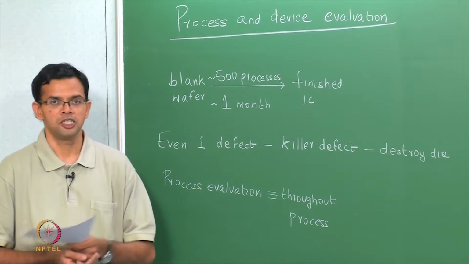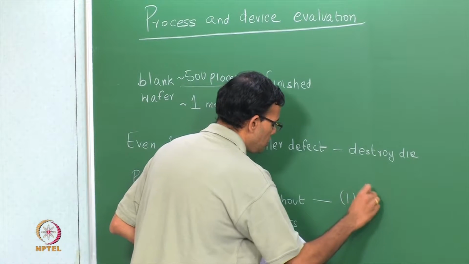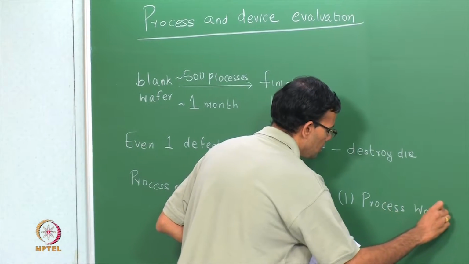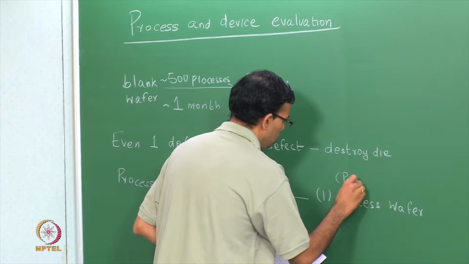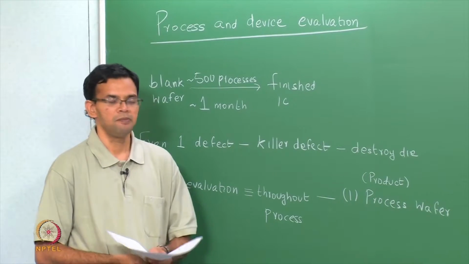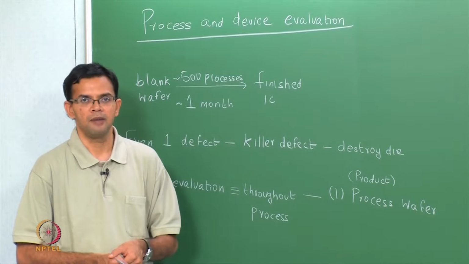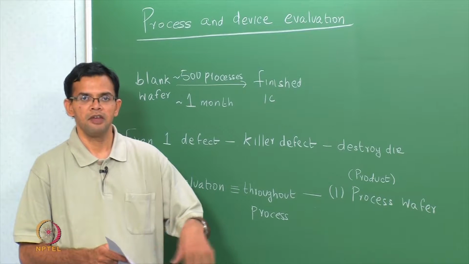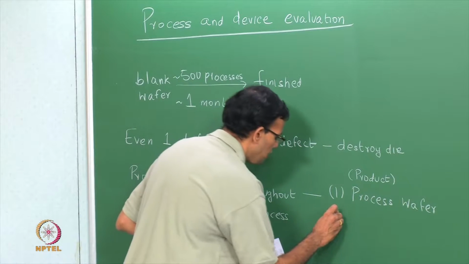Typically, process evaluation is done on different kinds of wafers. So, the first one is the process wafer. Another name for this is your product wafer. So, you can do evaluation directly on the product wafer. Sometimes within the product wafer, certain dies called test dies are also fabricated, and then evaluation is done on these test dies, so that the entire wafer is not evaluated, but only certain dies or certain sections of the wafer are evaluated.